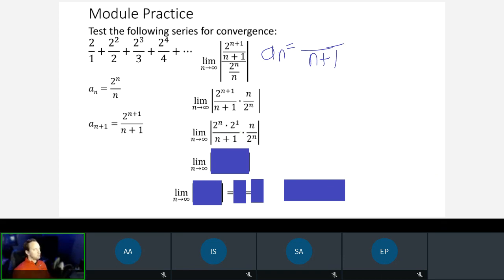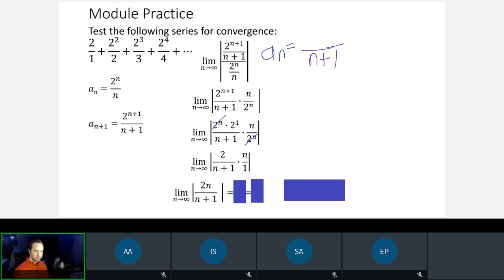All right, now we can cancel stuff out. This cancels out. This cancels out. So 2 to the first times n is just 2n. And then we have the n plus 1 on bottom. All right, so n to the first power on top, n to the first power on bottom.